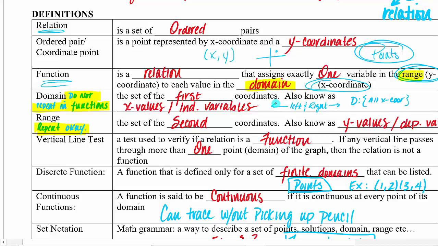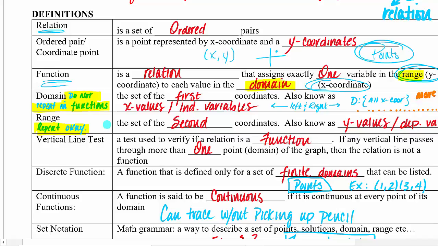When we talk about domain, though, we're usually talking about more than one. Sometimes it's one, sometimes it's none, but in general, we're talking about all the possible x values that are going to be put in. So these are all the values that could be put into our function. And I did the dots there to represent a whole bunch of different values.